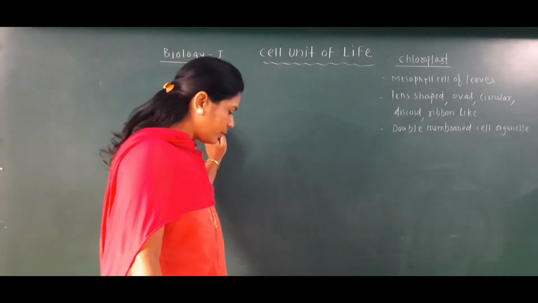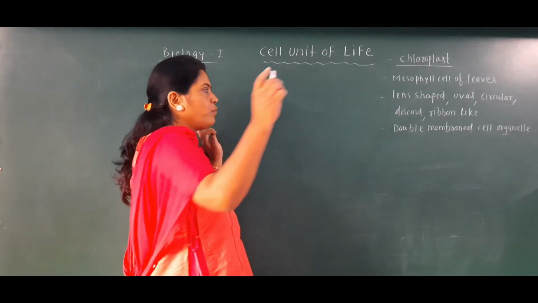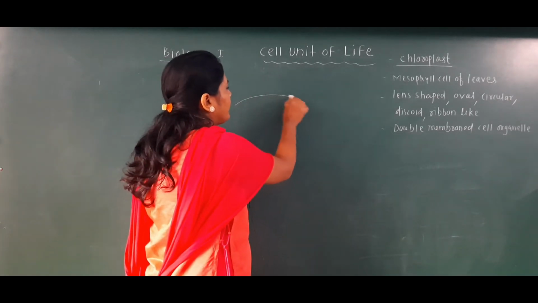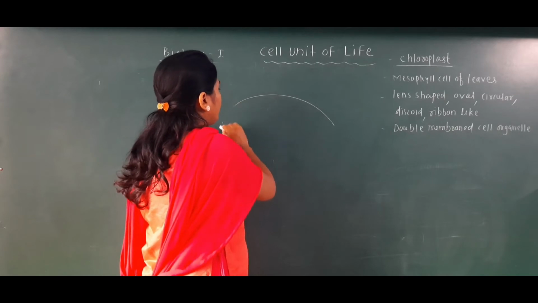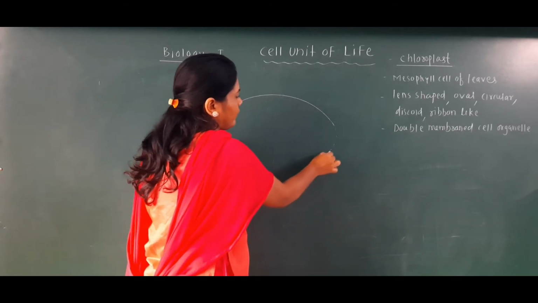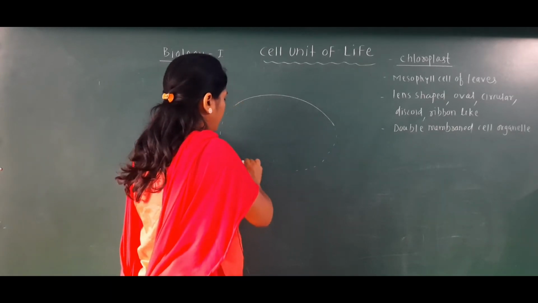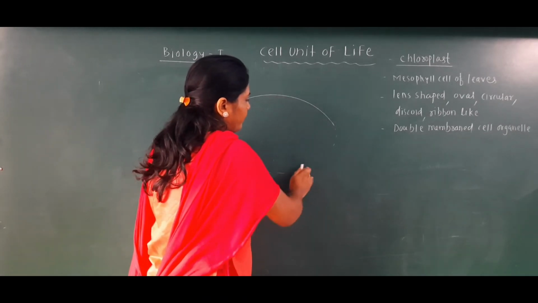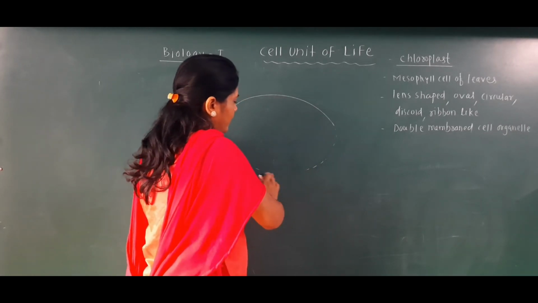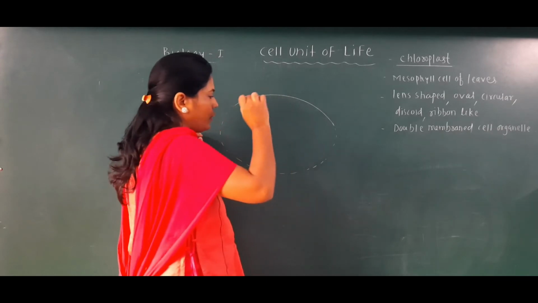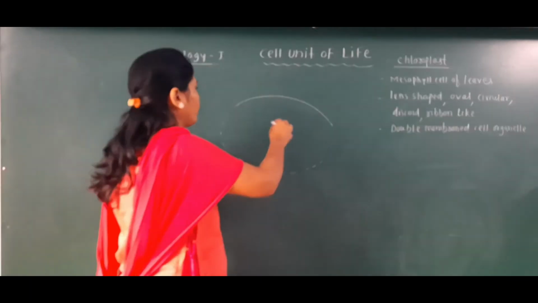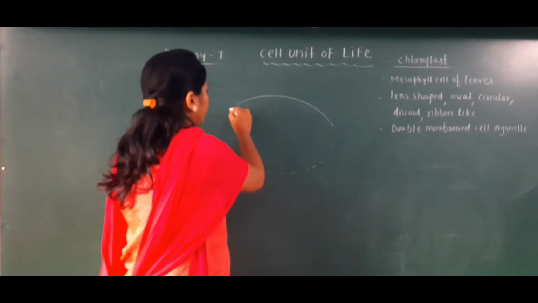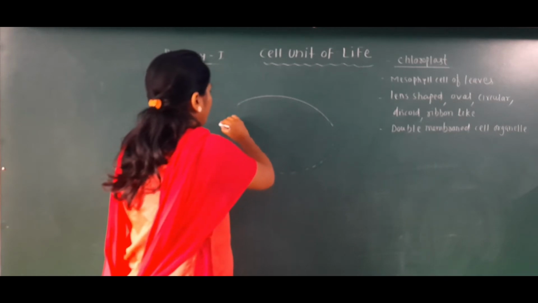So what is the structure of this chloroplast? See here, we will draw the diagram. Here also we will draw a rough diagram of this chloroplast. So students, see here, we will draw a small diagram of this chloroplast.